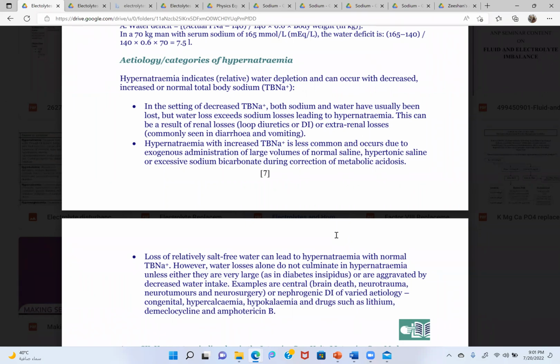They are just trying to correct the numbers, and you will correct the acidosis and be very happy that you have corrected the ABGs, and then you will find that the sodium has jumped to 170. So remember one thing, the indication of sodium bicarb is not as we are using it. The majority of people are using it in a wrong way.